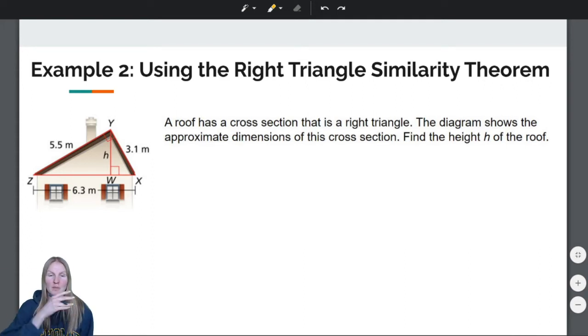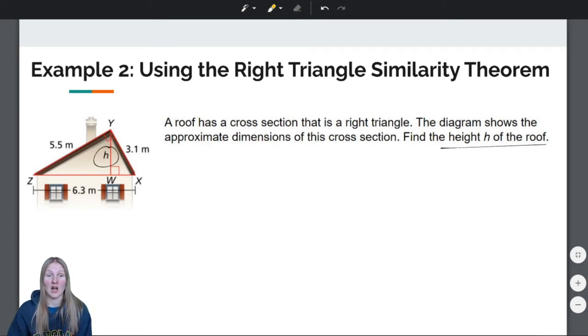A cross-section means if you cut the house in half, this is what the roof looks like. Or even if you look at it straight on, that's what it looks like. The diagram shows the approximate dimensions of this cross-section. Find the height of the roof.